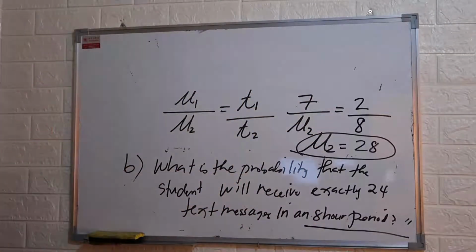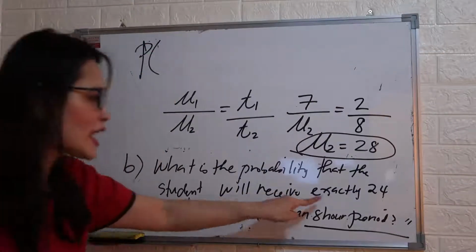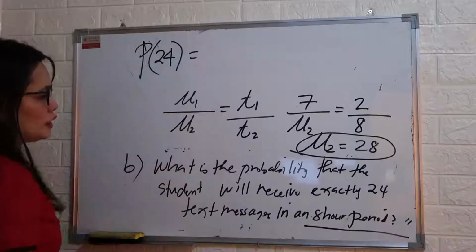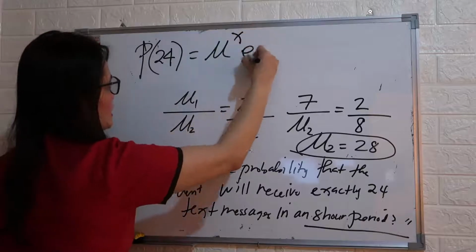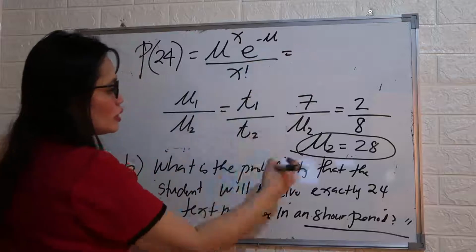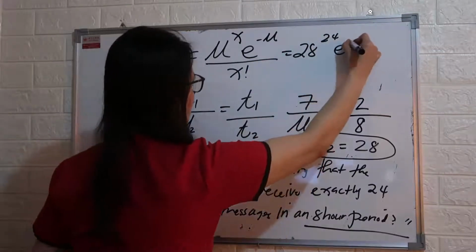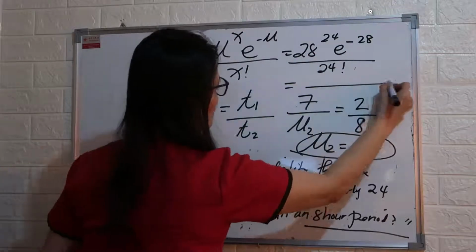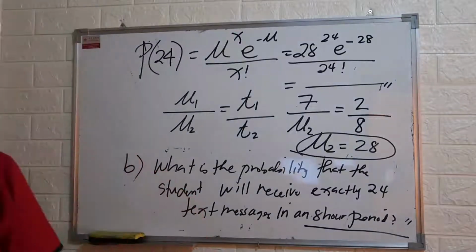So the probability of getting exactly 24 text messages will be mu raised to x multiplied by e raised to negative mu over x factorial. So your new mean is 28 raised to 24 multiplied by e raised to negative 28 over 24 factorial. So what will be the answer?